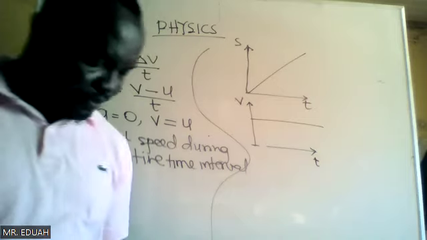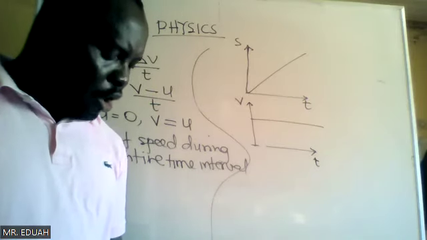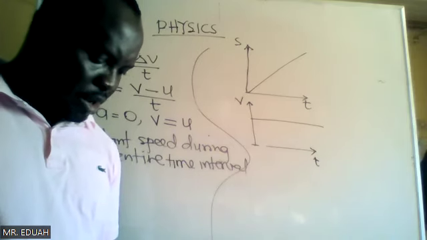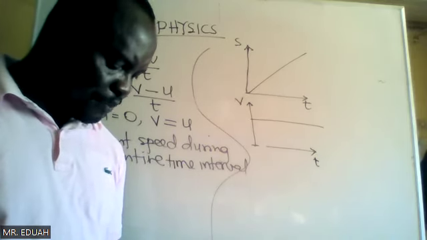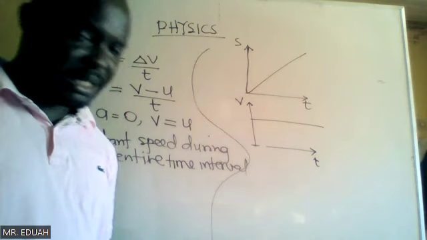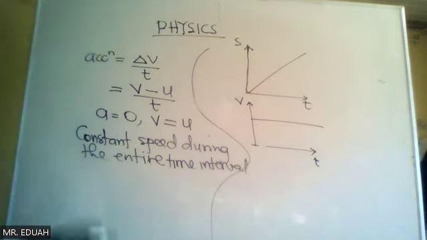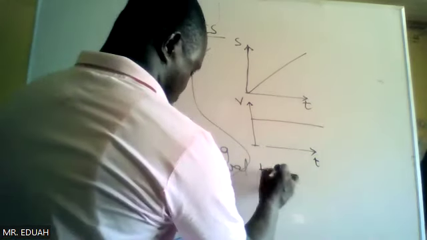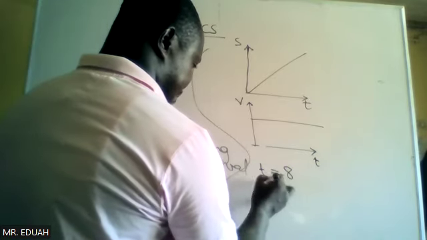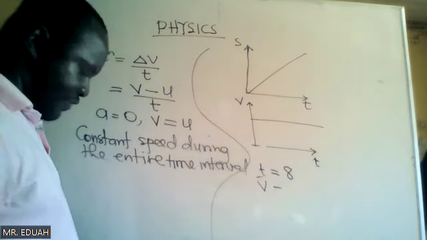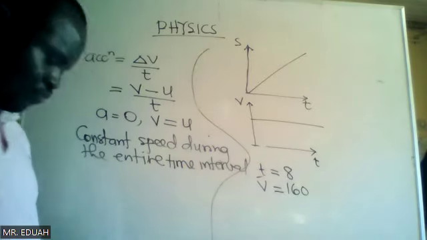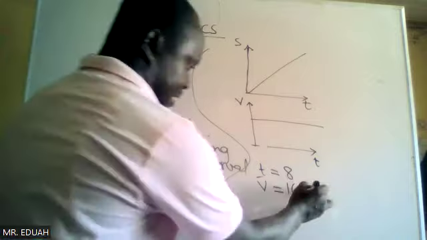Question 7. An object travels for 8 seconds with an average speed of 160. So we have t equal to 8 seconds, v average equal to 160 meters per second.